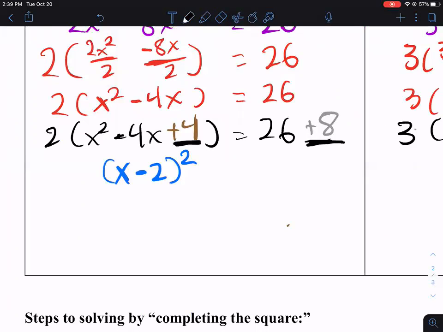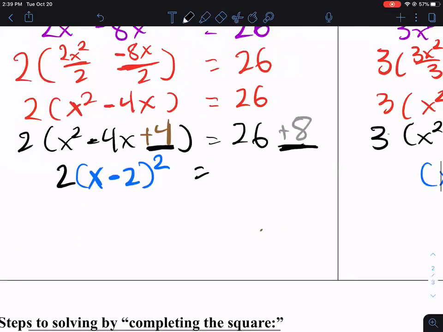So this 2, which has been in front of the parentheses for the whole problem, is still there. So let's make sure we keep that. And on the other side, now that we have the 26 that's always been there, and now it has a plus 8 that joins it, let's just go ahead and do that calculation. So 26 plus 8 would be 34.